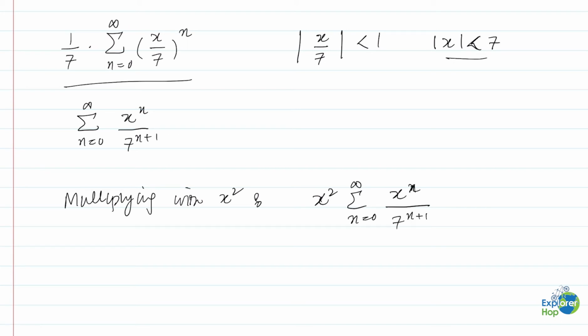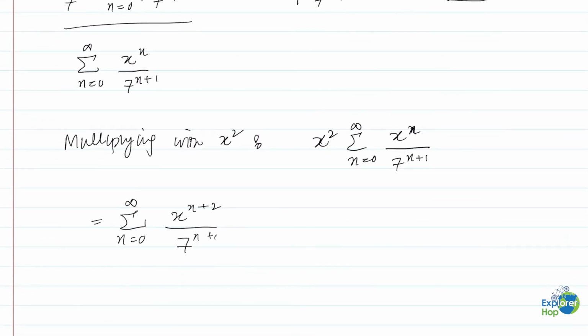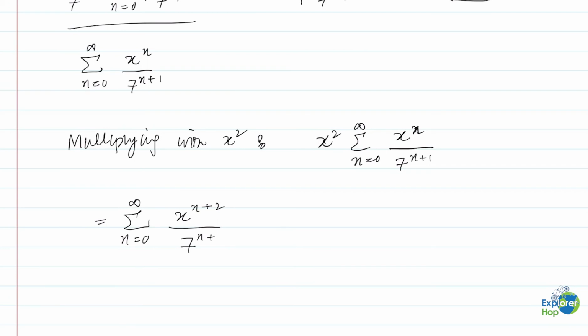We can take x squared inside the summation, and we would get the summation n equals 0 to infinity of x to the power n plus 2 over 7 to the power n plus 1. Since we multiplied with x squared, there is no effect on the radius of convergence, it would still remain 7.